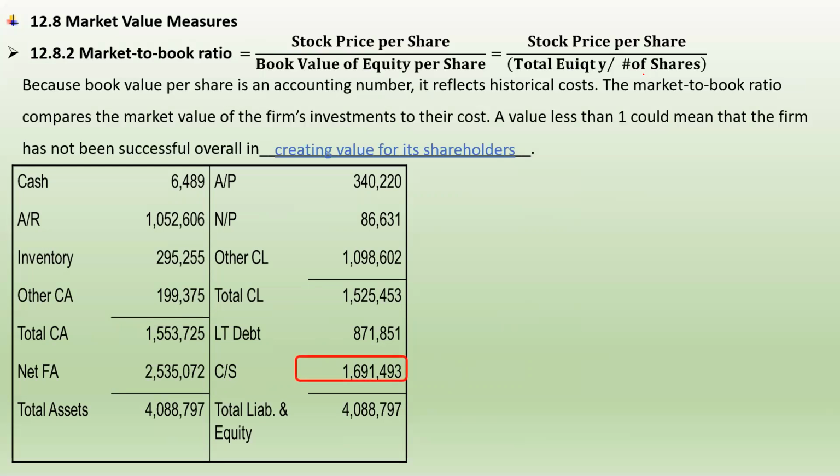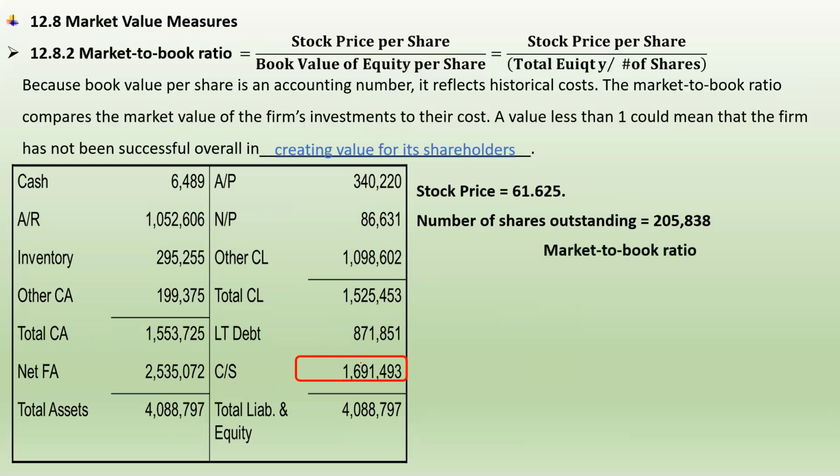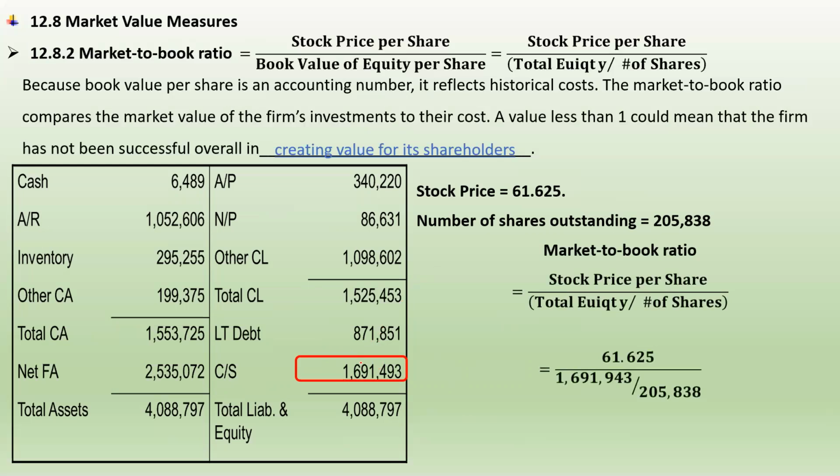So the book value of equity is the equity on the balance sheet, and the number of shares outstanding is given. So the market to book value equals the stock price divided by the total equity divided by the number of shares outstanding.